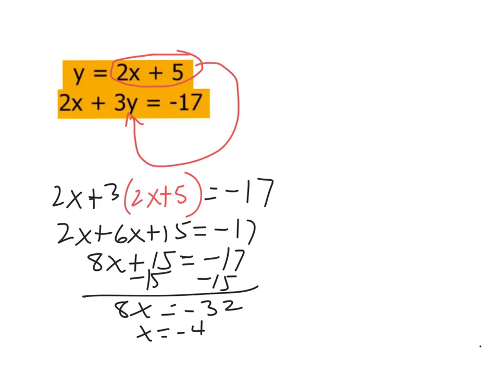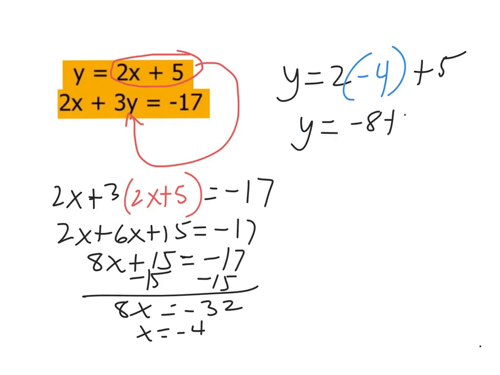Okay? Now, I can plug it into either equation. Here's the thing. I haven't used the first equation, and y is already by itself, so I'm going to use that one. So I'm going to say y equals 2 times negative 4 plus 5. So y equals negative 8 plus 5, so y equals negative 3.